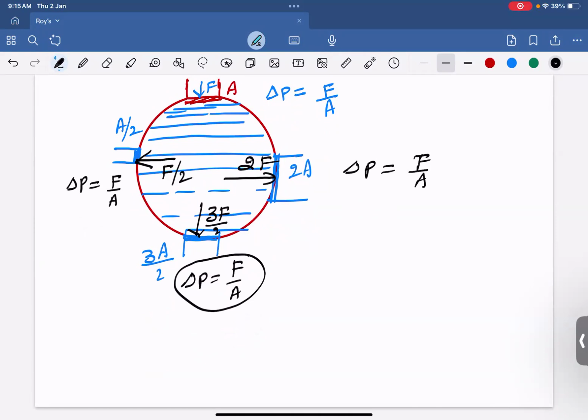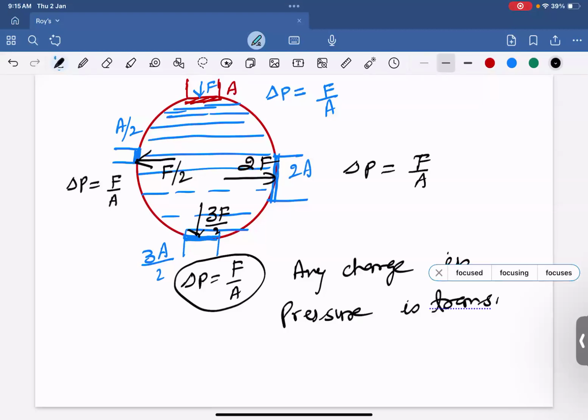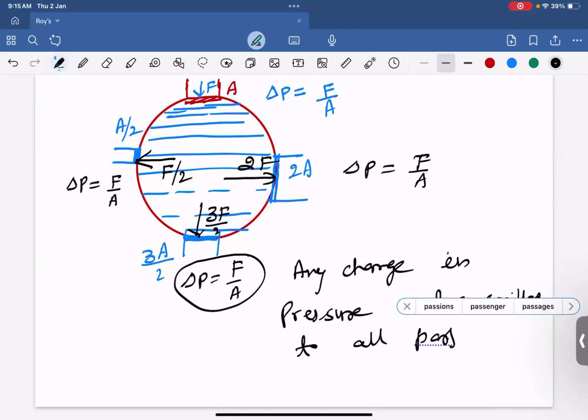So what you can see is that any change in pressure is transmitted to all parts of the fluid.